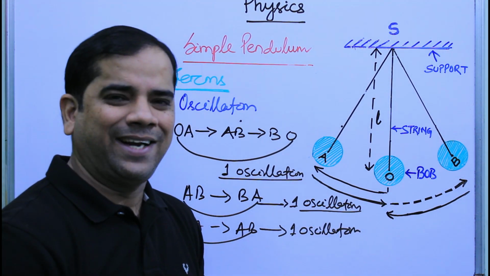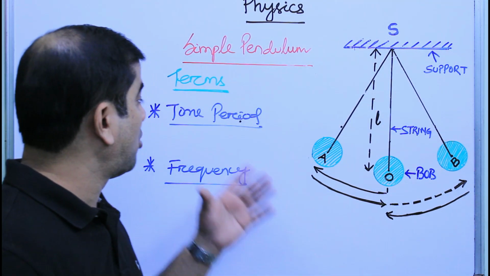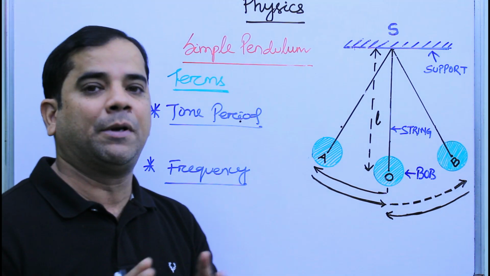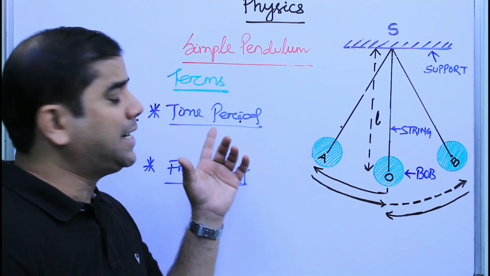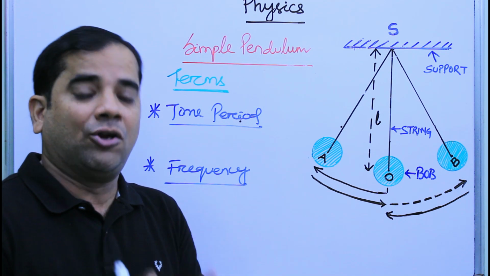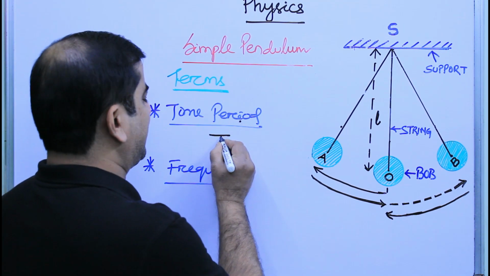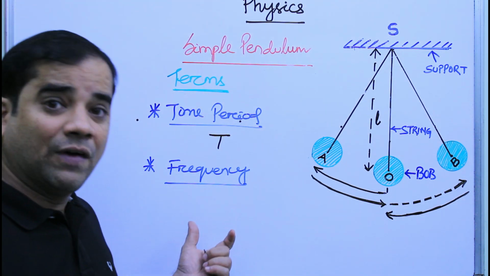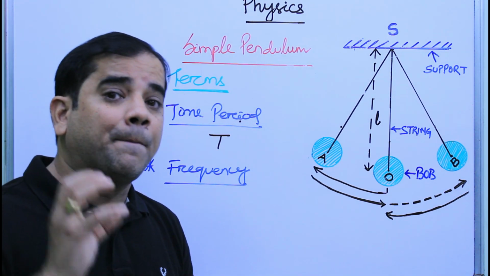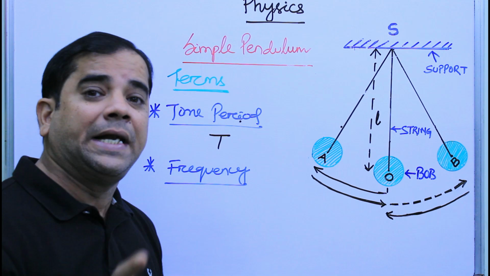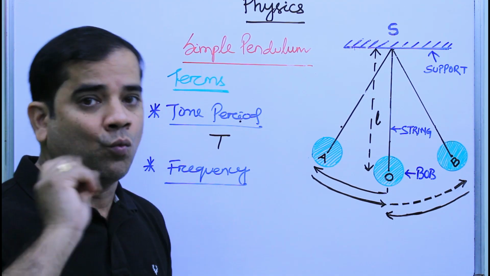Okay, hope you understand. Students, let us now discuss the time period and frequency of a simple pendulum. Time period is the time taken by the simple pendulum to complete one oscillation, and it is denoted by T. And what is frequency? Frequency is the number of oscillations completed by the simple pendulum in 1 second.